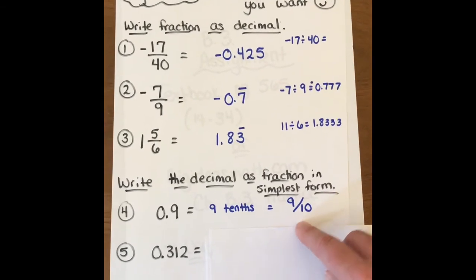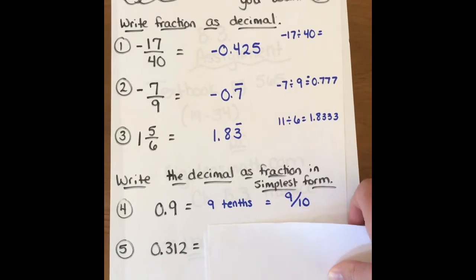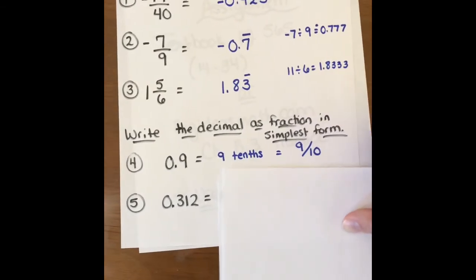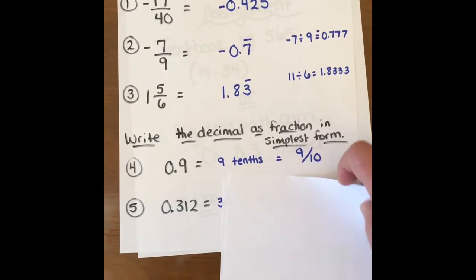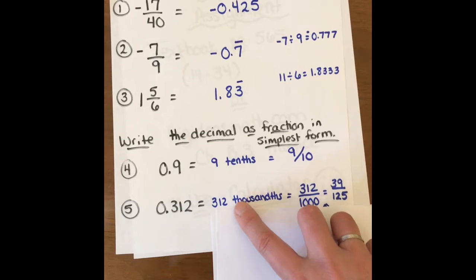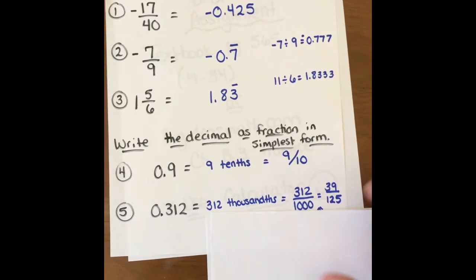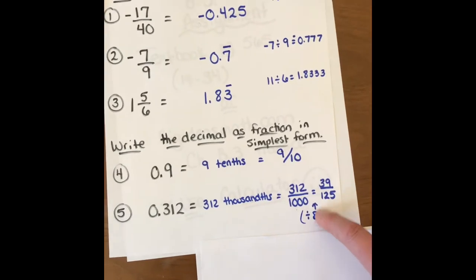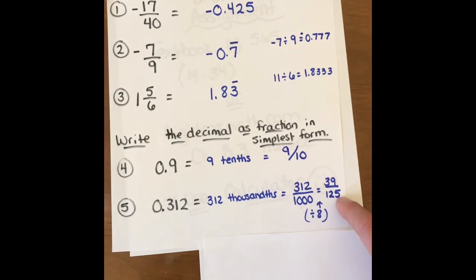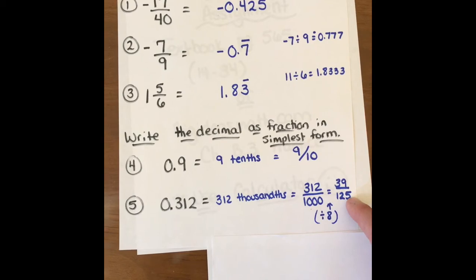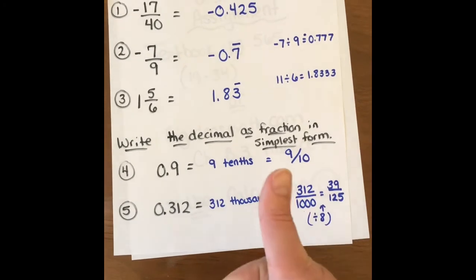That is in simplest form. This is 312 thousandths. That's how you would say it, so you write it that way. 312 over 1,000. And I divided by 8 on top and bottom here to get 39 over 125. That was the simplest I could go. So hopefully you got those right.